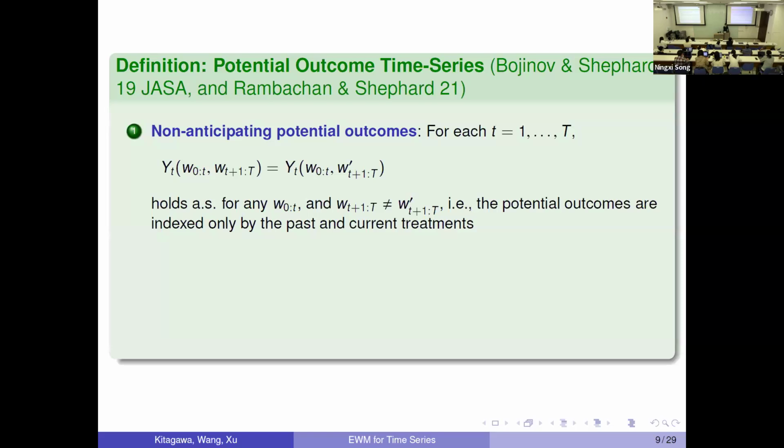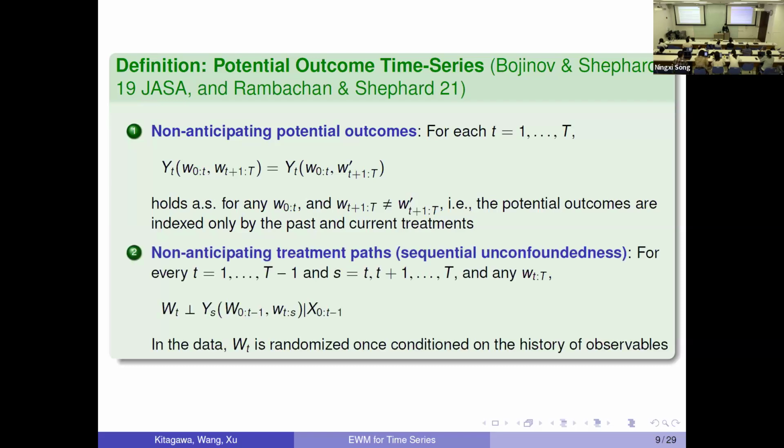Here I will briefly introduce two important setups of the potential outcome time series initiated by Bojinov and Shephard's paper and Bojinov, Rambachan and Shephard's paper. First, we assume that we have non-anticipating potential outcomes, which basically says that at each time period, the potential outcome is only impacted by the past treatment, not the treatment in the future. So it is non-anticipating.